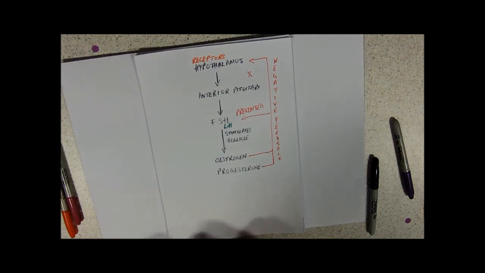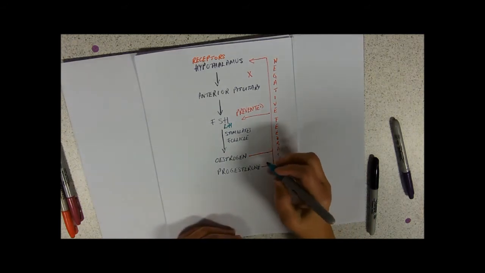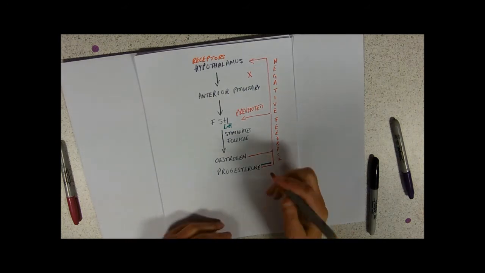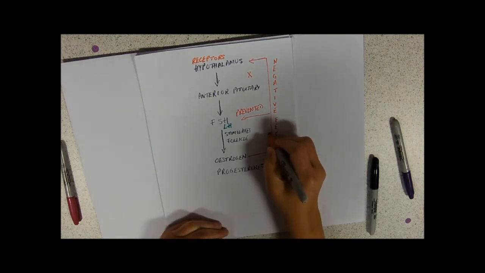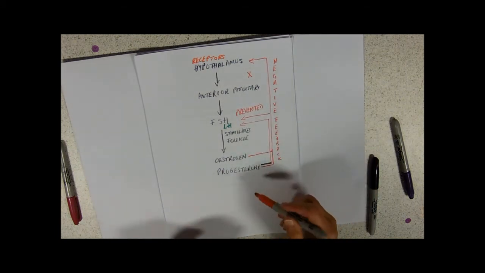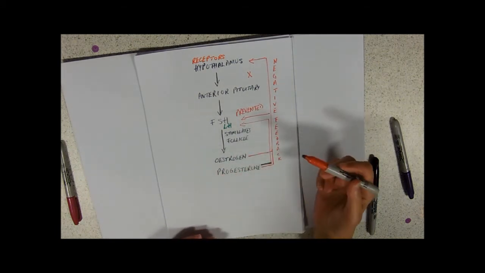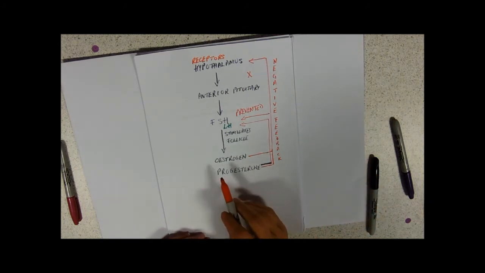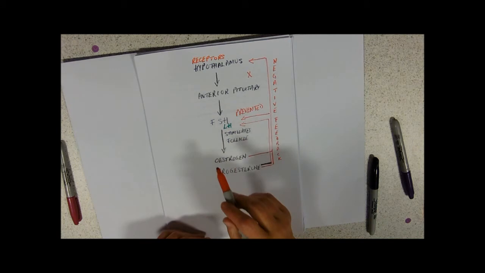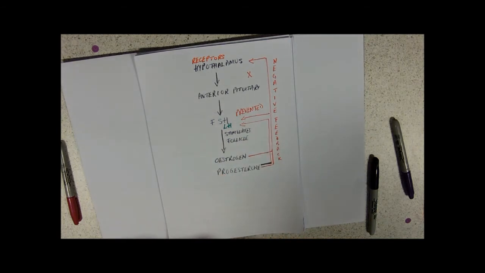Particularly progesterone, red line, is going to limit the LH. So negative feedback, increased concentrations of estrogen and progesterone, will prevent the FSH and LH release.